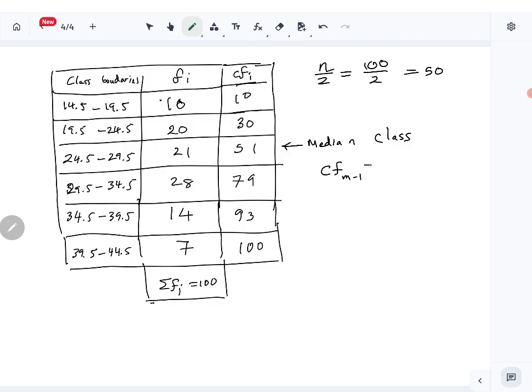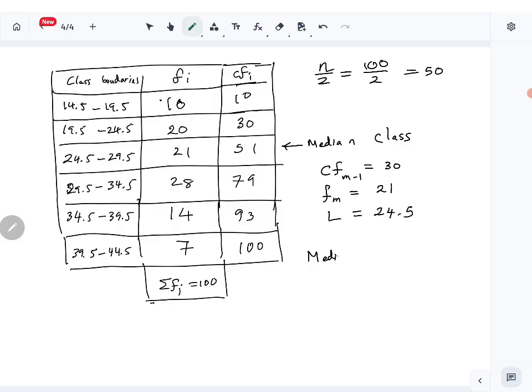CF m minus 1, the cumulative frequency preceding the median class, which is 30. Then the frequency of the median class, Fm, which is 21. Then the lower boundary of the median class, which is 24.5. Right, we have all the terms required. So now apply the median formula.